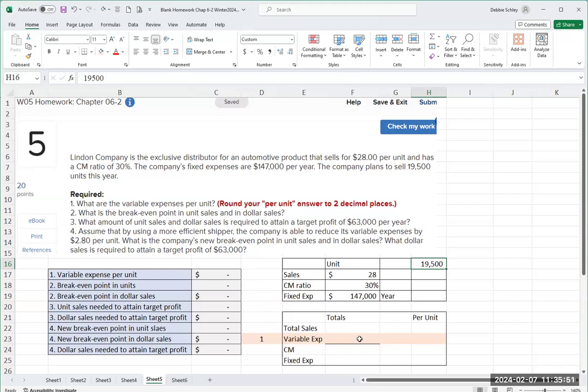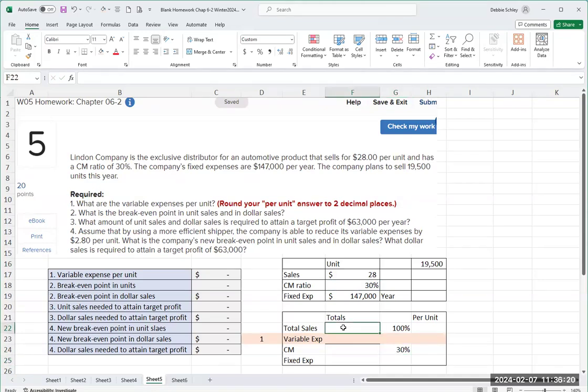Well, there's a couple of ways we can go about that. So we know that sales minus variable equals contribution margin. And we also know that sales is the 100%, right? And they told us contribution margin was 30%.